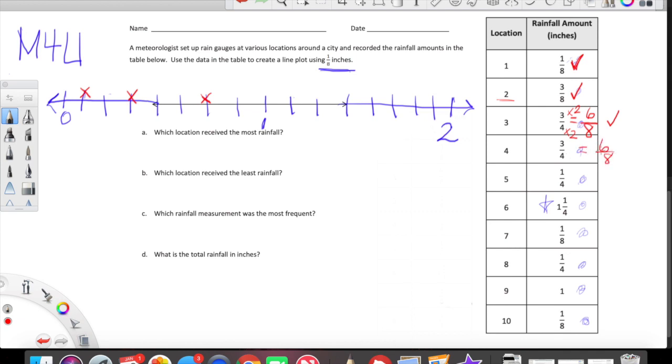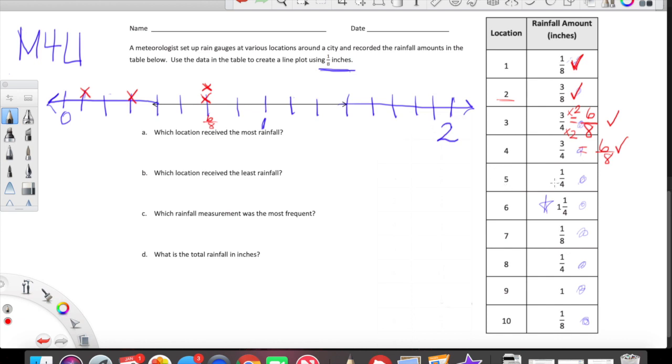So now we have 2 locations with the same measurement, which means we're just going to stack the x's one on top of another. The x's again represent the locations, and this location is at 6/8. Now I can see I have 2 locations that measured 6/8 of an inch for rainfall. Okay, we have our fourth location.